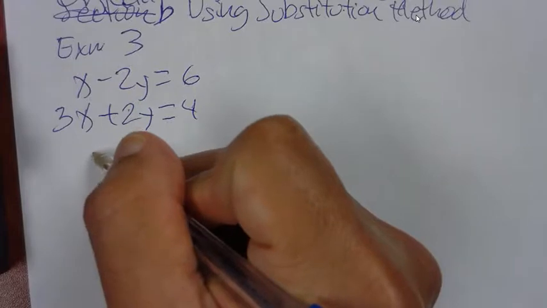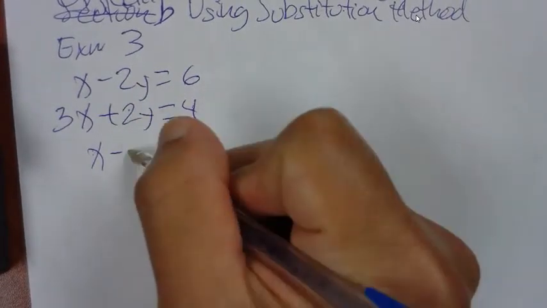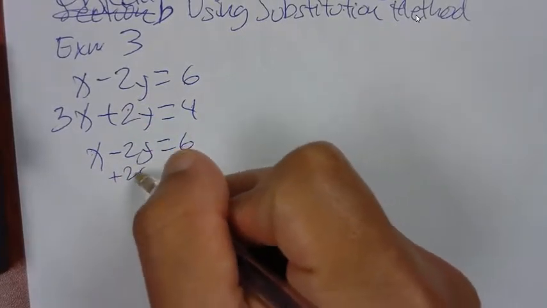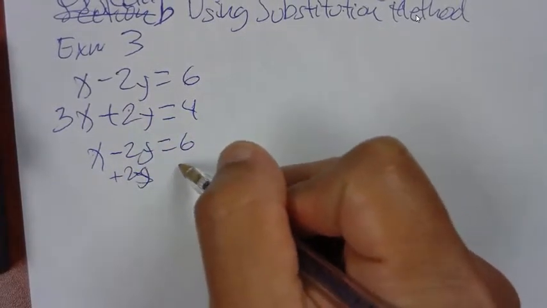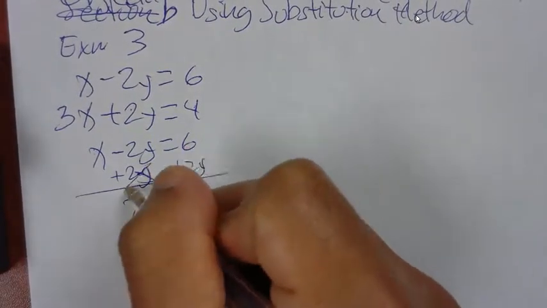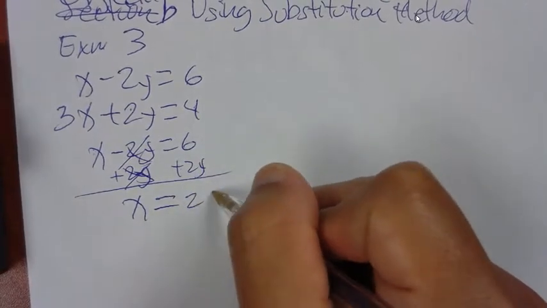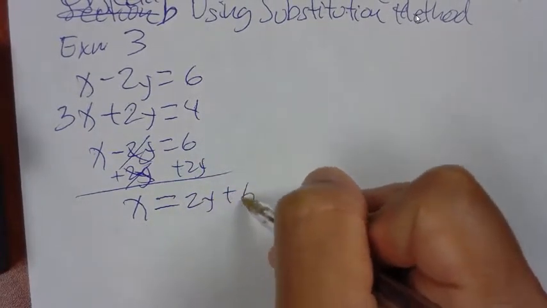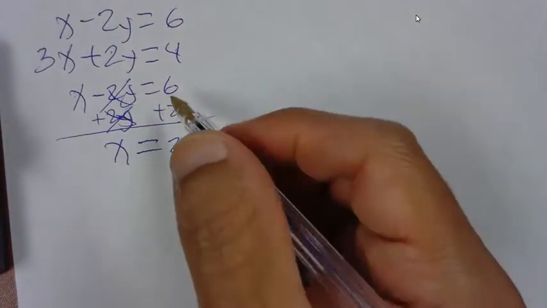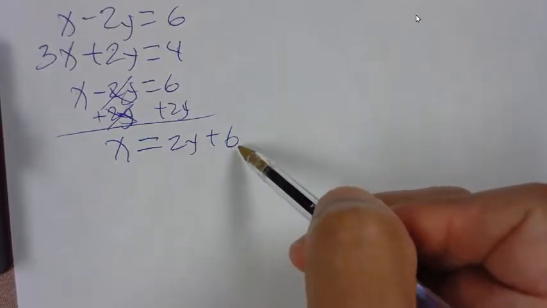So all I have to do here is, let me rewrite it. x minus 2y equals 6. All I have to do here is add 2y to both sides. This cancels, and I have 2y plus 6 on the other side, and now I have x equals 2y plus 6.